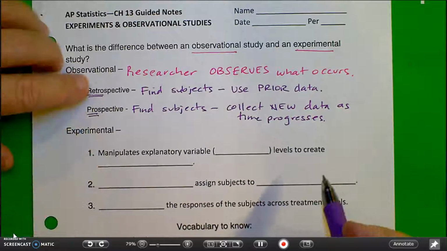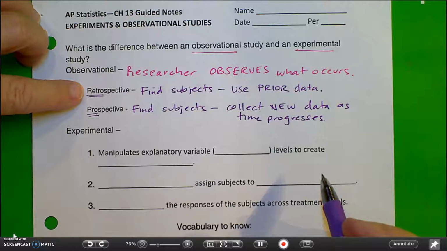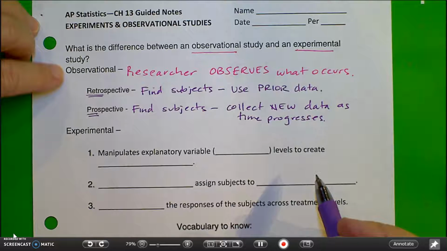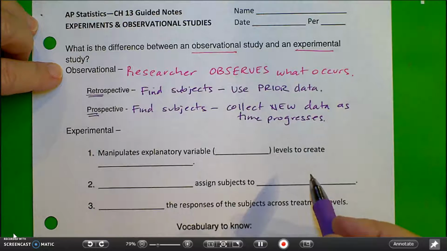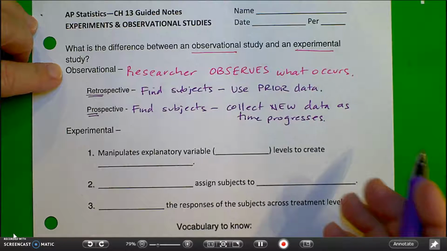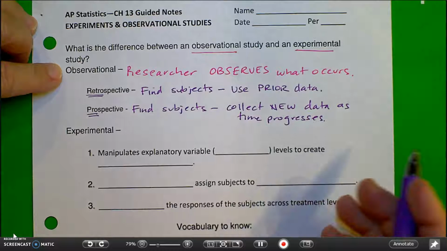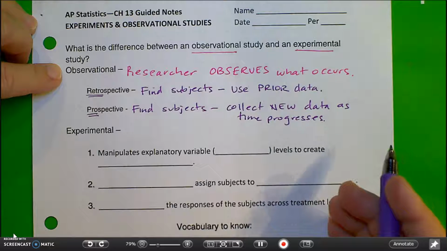So whether the study is retrospective, looking back, or prospective, looking forward, it's always observational. The involvement of the researcher is just to watch and record. There's no interaction and no involvement other than that.